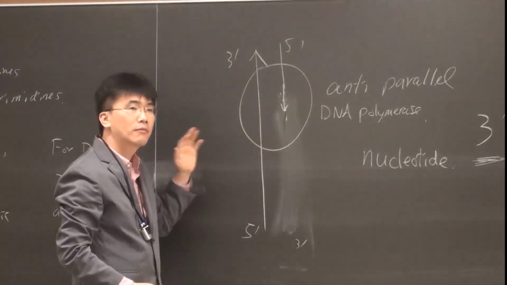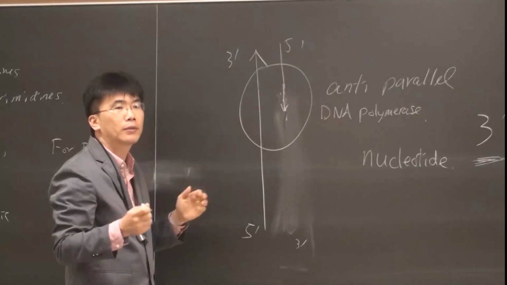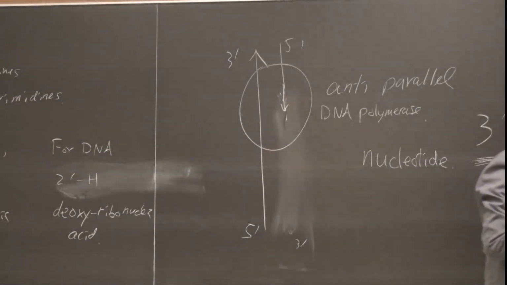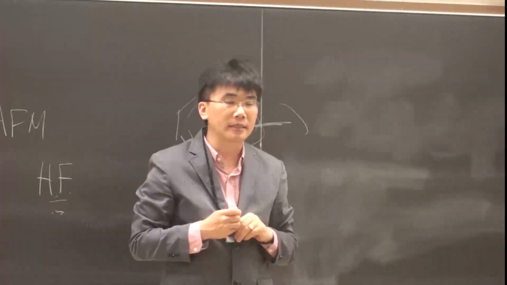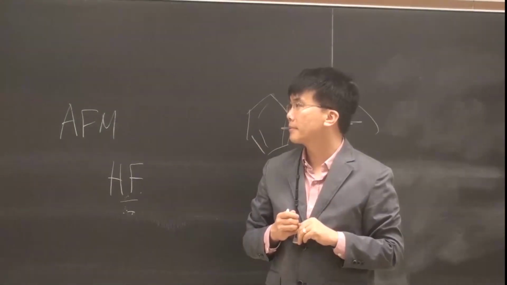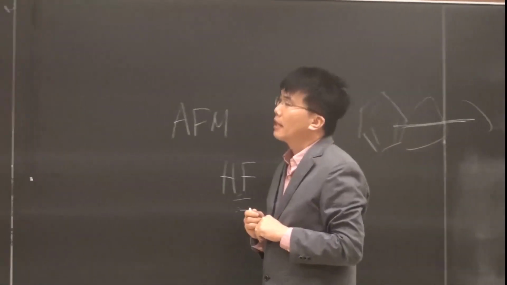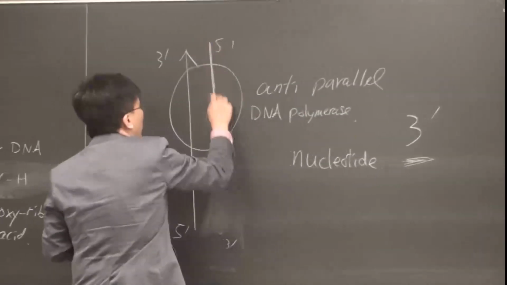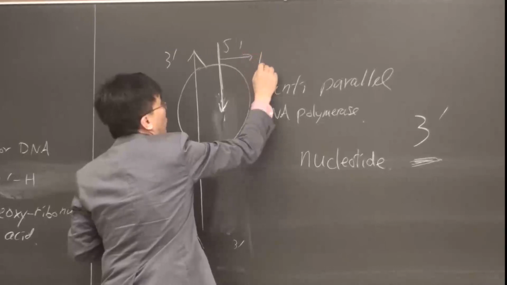And this is a very accurate process, including all the error corrections. Maybe you make one mistake every billion reactions. But the DNA polymerase has to start with what's called a primer.